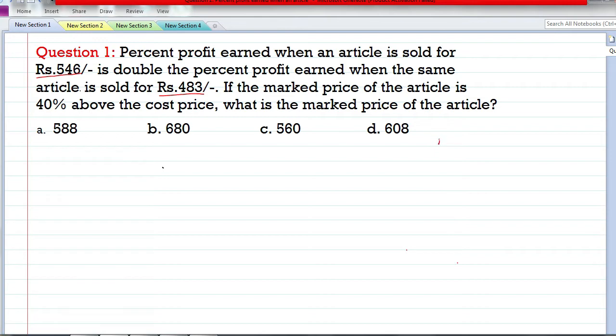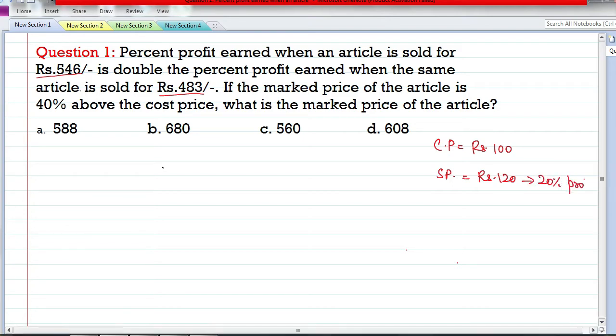If you have purchased an item for 100 rupees and your first selling price is 120 rupees, it means there is a 20% profit, right? Suppose you sell the same article for 140 rupees, then there is a profit of 40%.